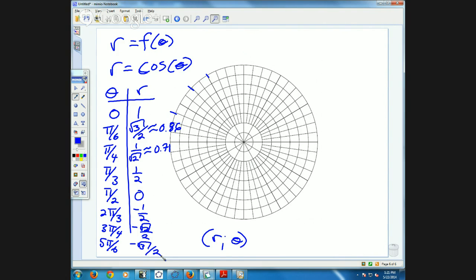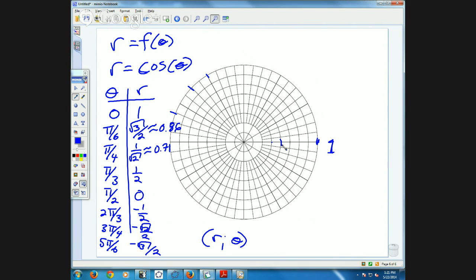How many circles do I have? 1, 2, 3, 4, 5, 6, 7, 8. The biggest number I have here is 1, so I'm going to make this outer circle radius 1. That means the fourth circle, 1, 2, 3, 4, will be radius 1/2.